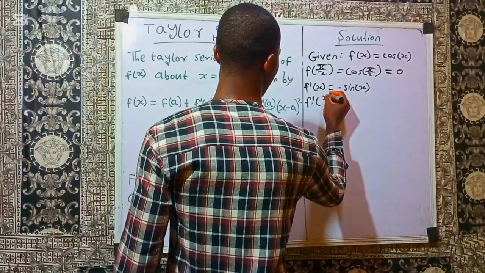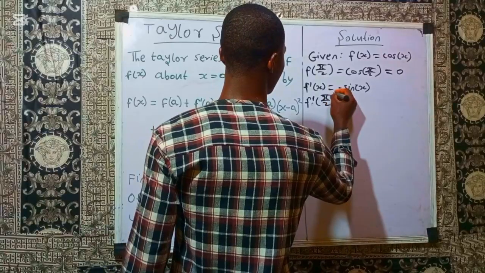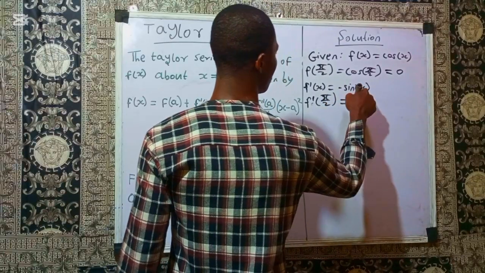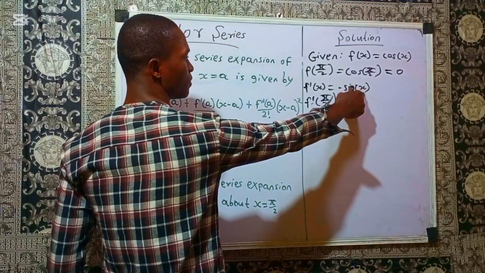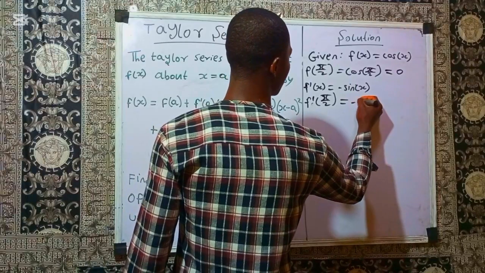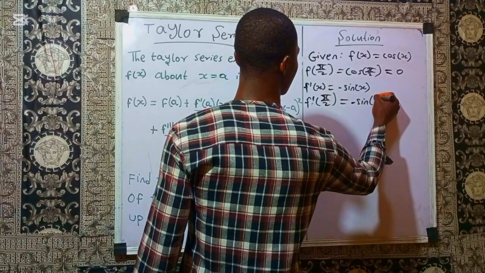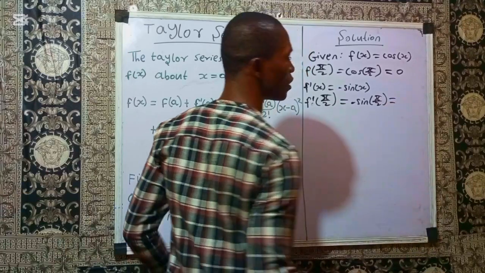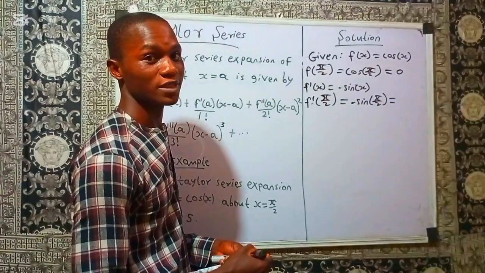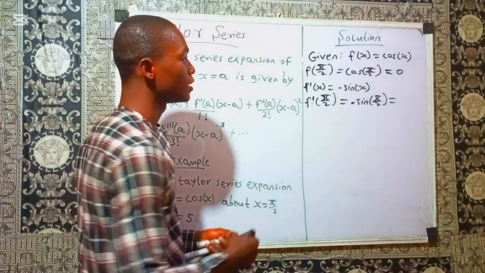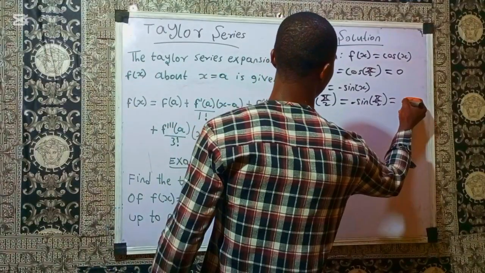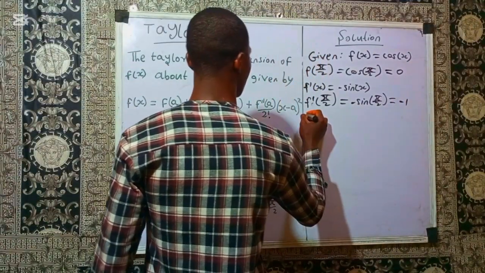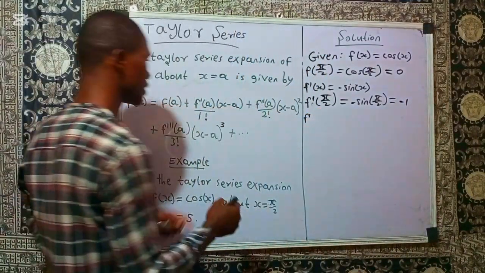Pi over 2. F prime at pi over 2 will be, you put pi over 2 in this, negative sine pi over 2. Then what will that give you? Sine pi over 2 is sine 90 degrees. Sine 90 is 1, and we have negative here. So that's negative 1.